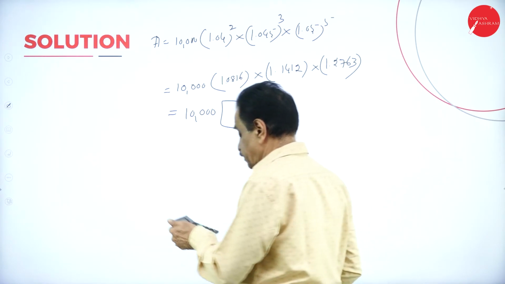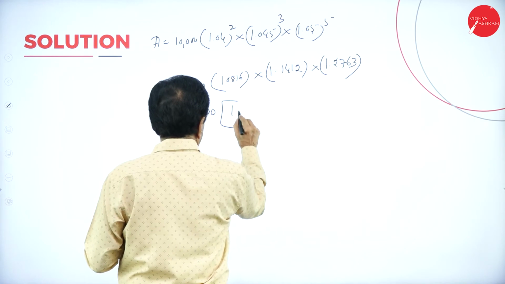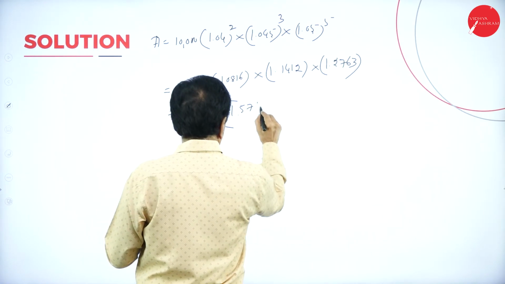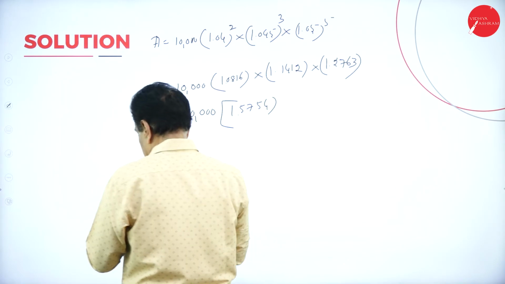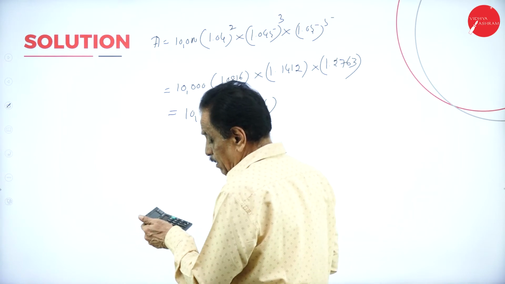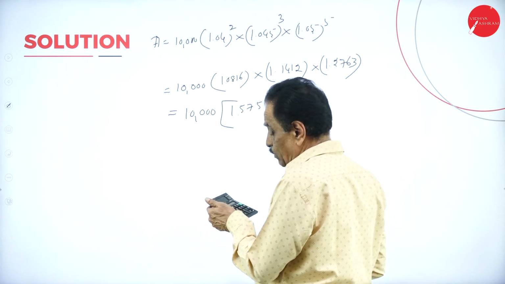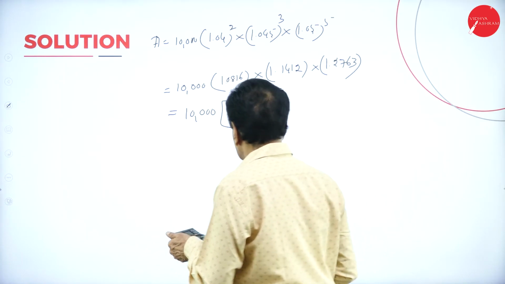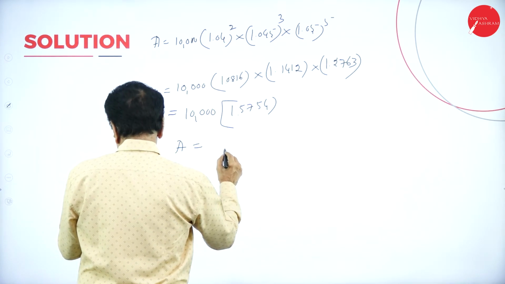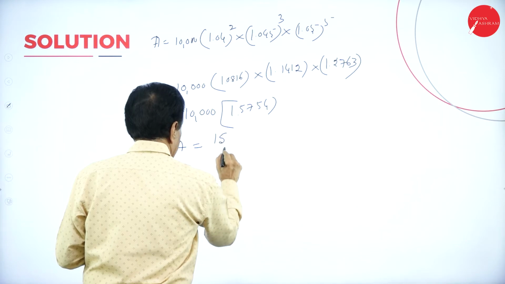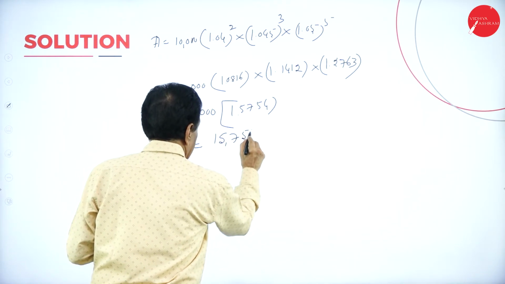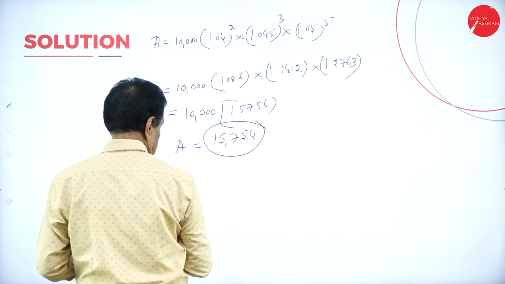That comes to 1.5754. 1.5754 into 10,000 is 15,754. So 15,754 is the amount.